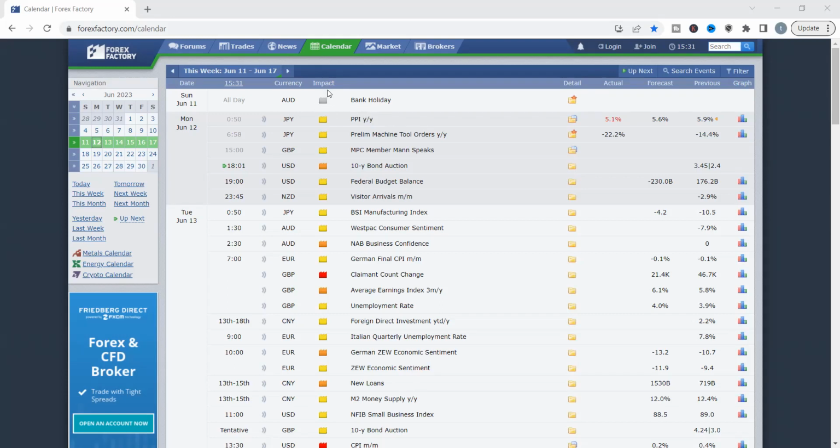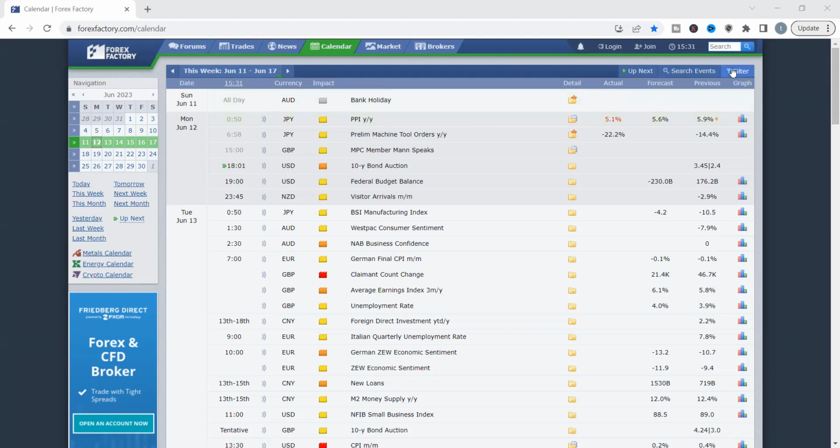That is not important as such based on volatility, because it's all about the volatility that is going to be introduced in the market, and then it's going to help you to have a better understanding of how the market should move around that news period. So you have the yellow, which is low impact, you have the orange, which is medium impact, and then you have the red, which is high impact. So I always tell traders pay attention to the high impact news, strictly the high impact news.